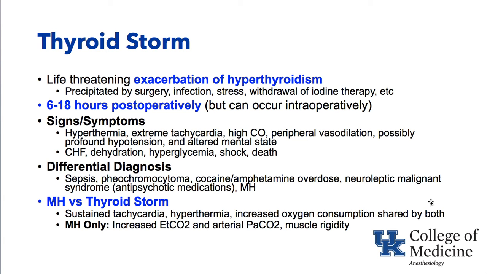MH and thyroid storm share some characteristics of presentation, such as tachycardia and the hyperthermia and increased oxygen consumption. But MH is going to have also muscle rigidity and increased end tidal and arterial carbon dioxide. So use the CO2 rise and the muscle rigidity to help you differentiate MH from thyroid storm.